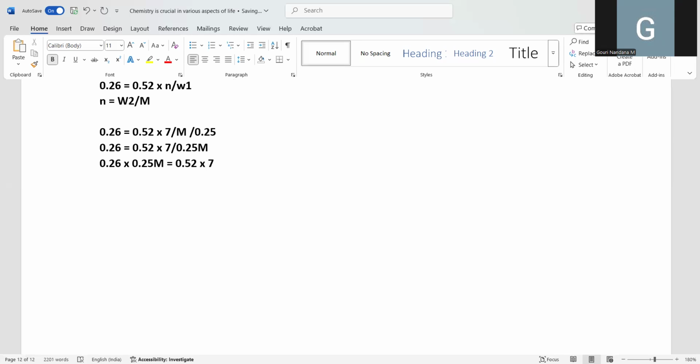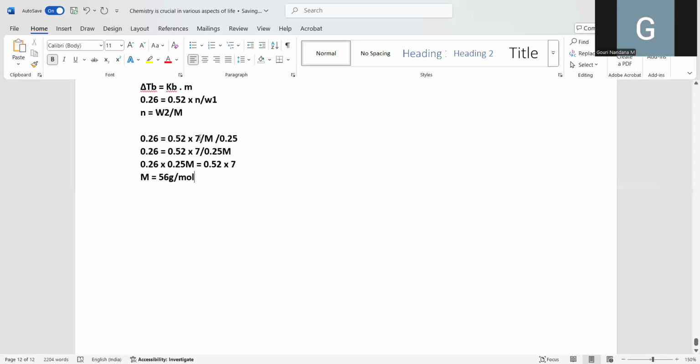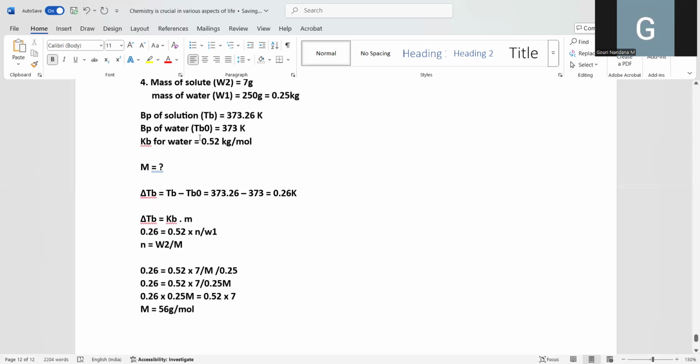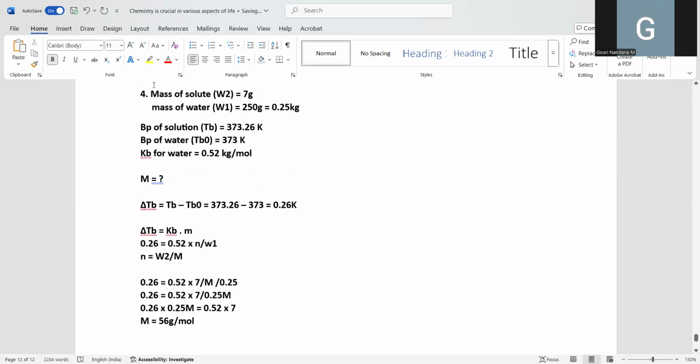Now from this you can simplify M, and finally you'll get a value of 56 gram per mole. So this is the answer. The equation we used: first we found delta TB is equal to TB minus TB0, then we directly used it in the equation. So these many equations you need to be aware of.